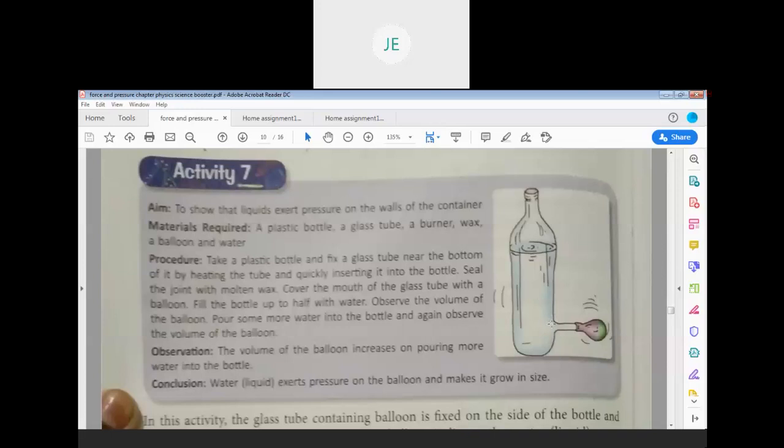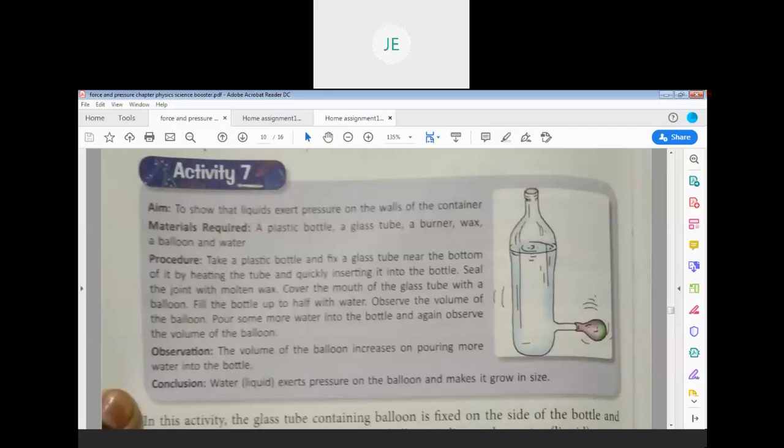Since it is applying pressure on the wall, that pressure is transmitted through this tube to this balloon. The balloon size is gradually increasing as you pour more and more water. With this, we can say that liquid exerts pressure on the container walls.